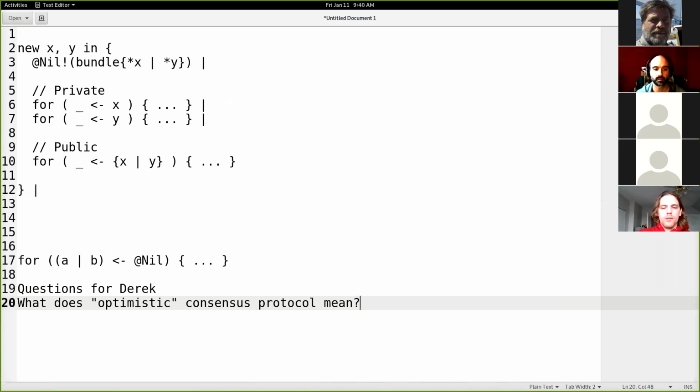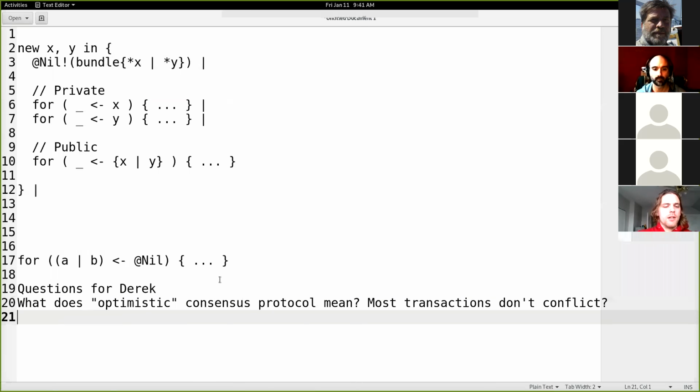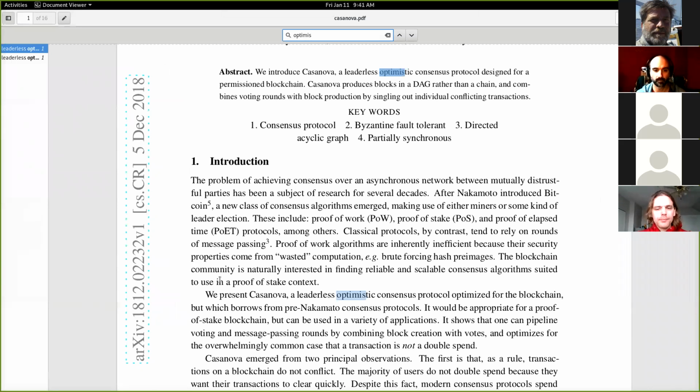Yeah, that sounds like a good idea. That's a good idea, Dror. I mean, again, it's a wild guess, because I remember it's one of the assumptions mentioned. I think they also might explain what optimistic means here.